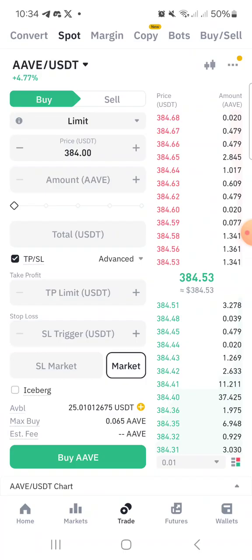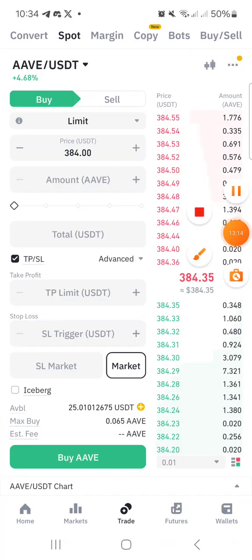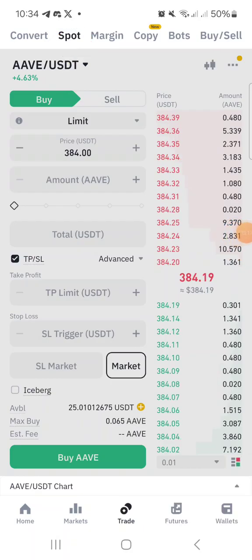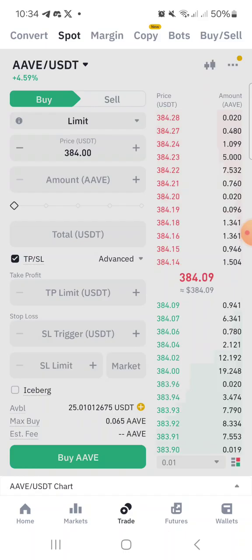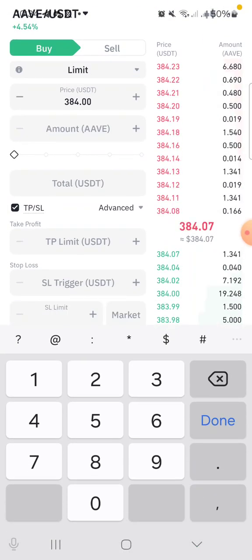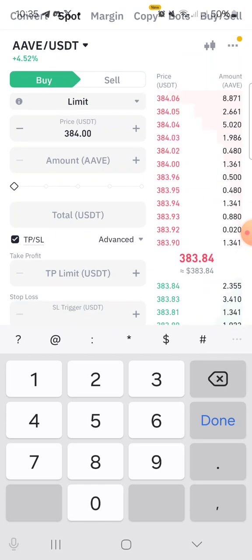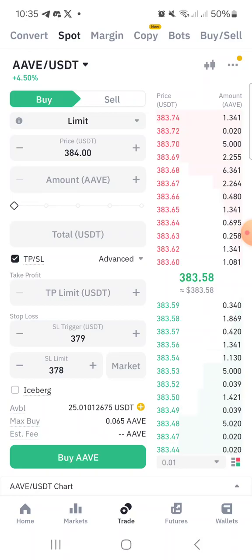So when I come to the trade, I want to buy this. Remember, this is spot trading. If I want to buy, my stop loss is going to be 378, I think. I want it to trigger at 379 and be out at 378.